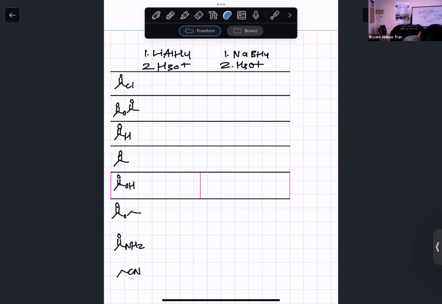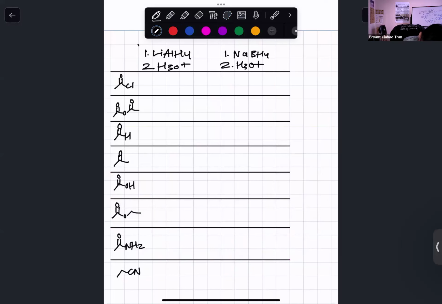Okay. And if we were to react these derivatives with these reducing agents, we would get different products. Sodium borohydride, the weaker one, can only react with the first four.